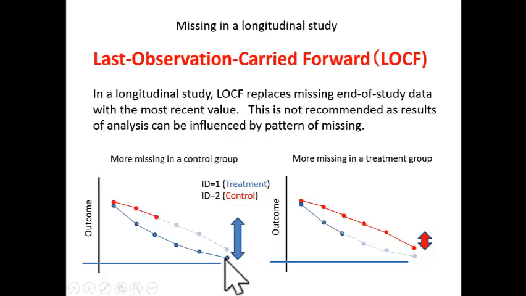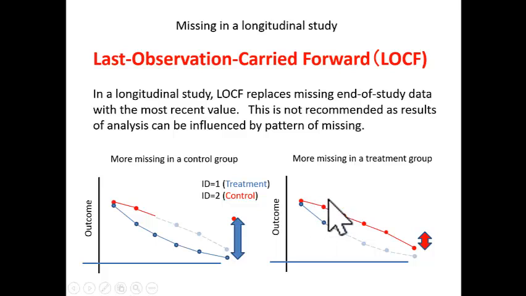Okay, and this scenario is showing a control patient who stops coming back, and so you carried forward the last observation and then use that value as the outcome of the analysis. Okay, and then the difference between treatment and control would be this much. Although if this patient came back to the study end, the actual result would be this small.